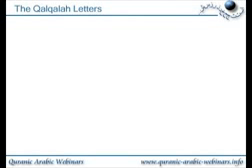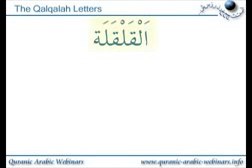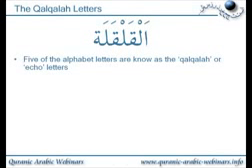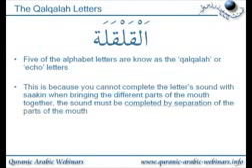Now the qalqala letters, and this is it written in Arabic, so it's al qalqala, and the sukoon in this actual writing is the computer font, i.e. round circles. So 5 of the alphabet letters are known as the qalqala letters, and in English we normally just call them the echo letters. And the reason they're called echo, so I'll just read this out, is because you cannot complete the letter's sound with sakin when bringing the different parts of the mouth together.